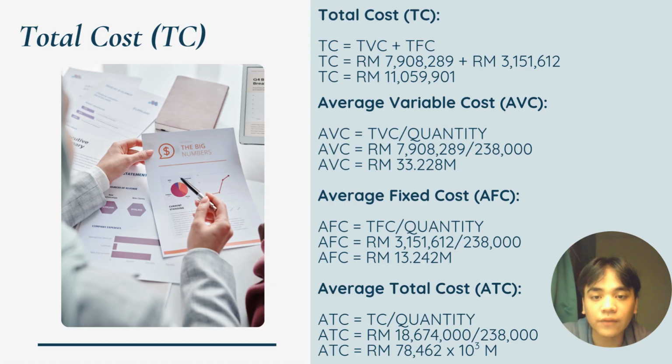To find the average, we divide each cost by the output of 238,000 units. The average variable cost is 33 ringgit 23 cent per unit, and the average fixed cost is 13 ringgit 24 cent per unit. This gives an average total cost of 46 ringgit 47 cent per unit.